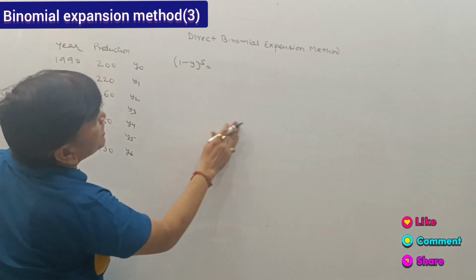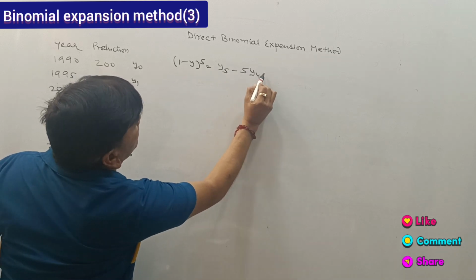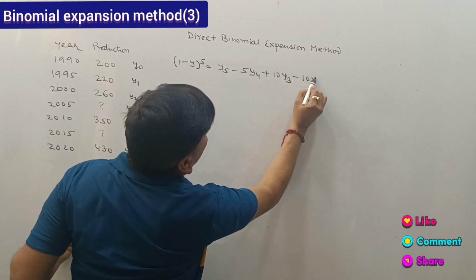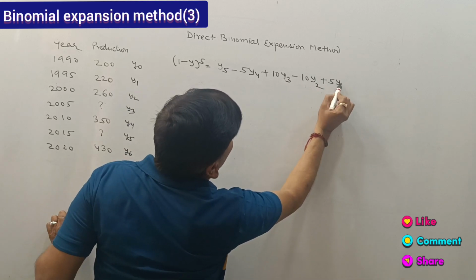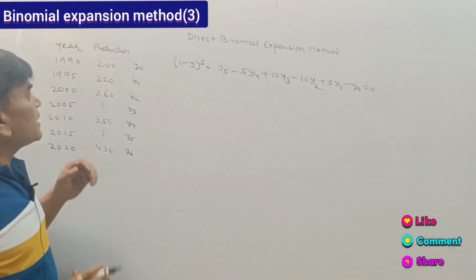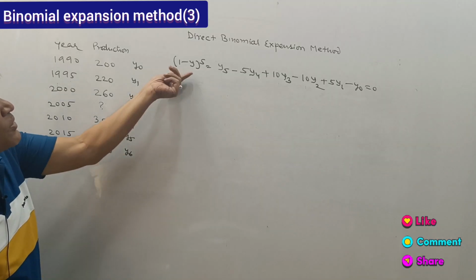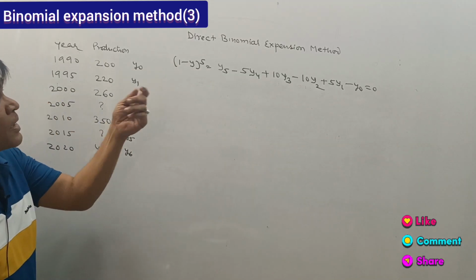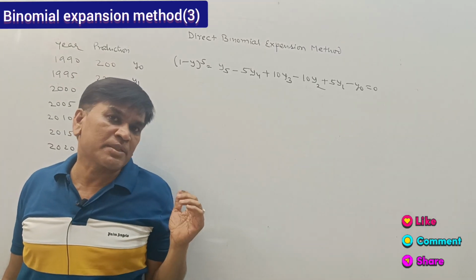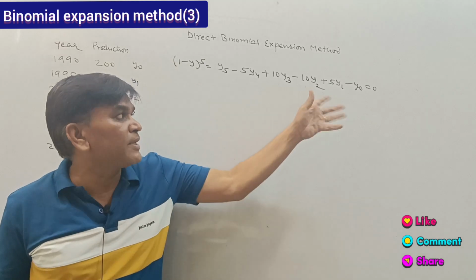The binomial expansion of this is y5 minus 5y4 plus 10y3 minus 10y2 plus 5y1 minus y0 is equal to 0.